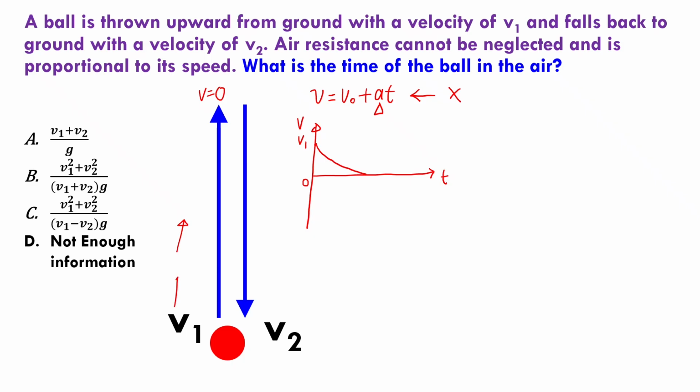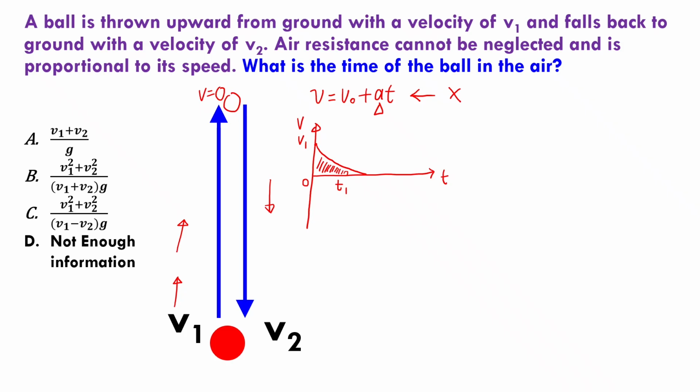From the time we threw the ball up until the ball reaches the peak, the time it used, we call t1. We know for the velocity versus time graph, this area here is the displacement. Now, let's look at the second half of the motion when the ball is falling.